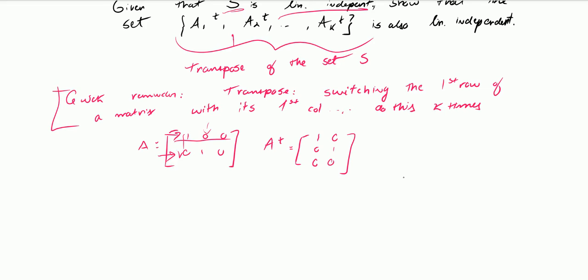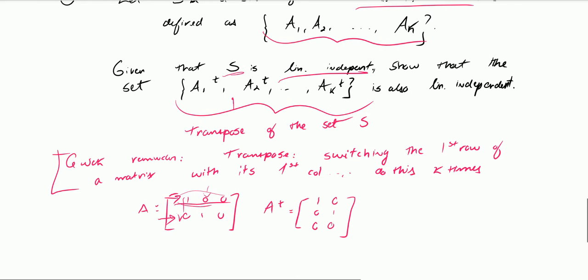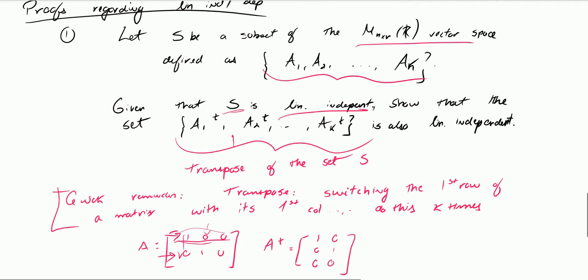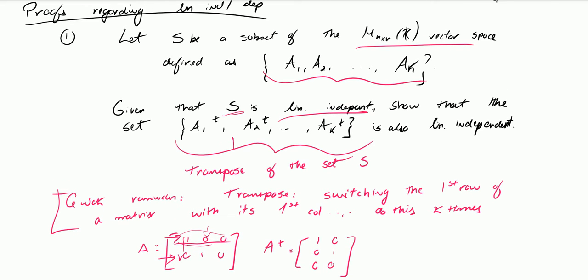If you start with swapping rows, then you need to be consistent. So I swap the first row with the first column, and I do the same for the second row with the second column. So that's what you need to know for transposes. Even though we're not going to handle a lot of transpose algebra here, it's just to remind you what the transpose does.